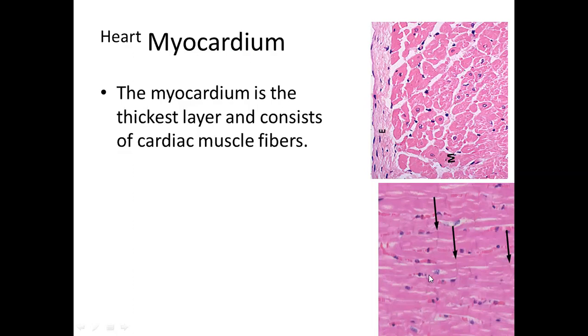cross section. And in the next micrograph, you must be visualizing the longitudinal section, and between them the capillaries with lots of RBCs, and the arrowheads are actually indicating the junctional complexes between two adjacent cardiac myocytes, which we identified in the previous semester as intercalated discs.